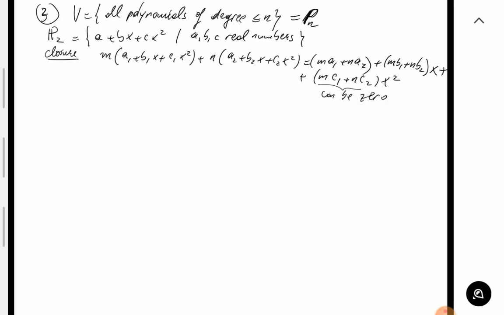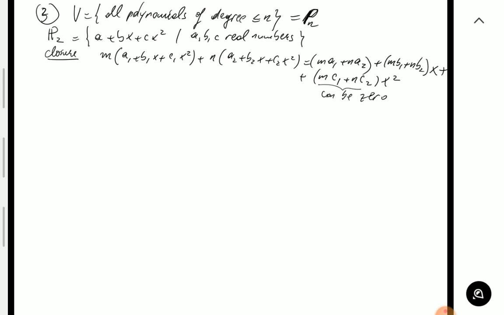It cannot be greater: if I stick to a maximum degree, then any linear combination is going to be either that degree or lower, if the leading coefficient happens to be 0.